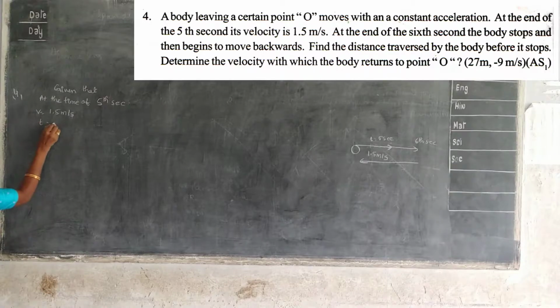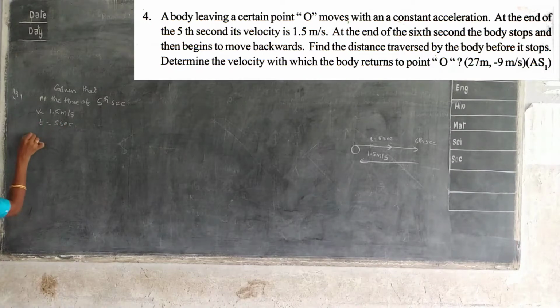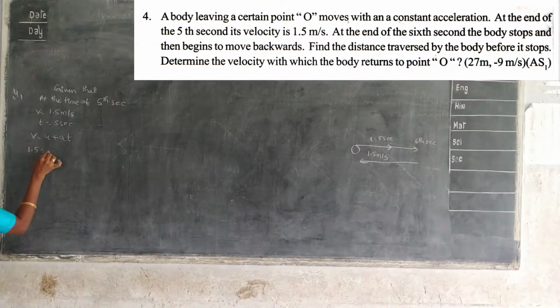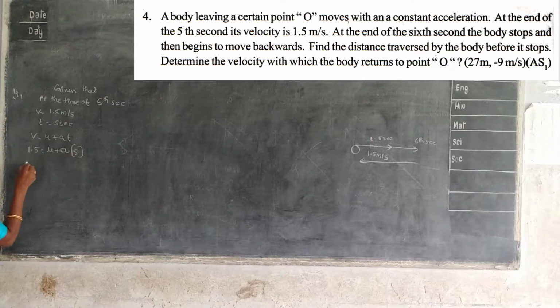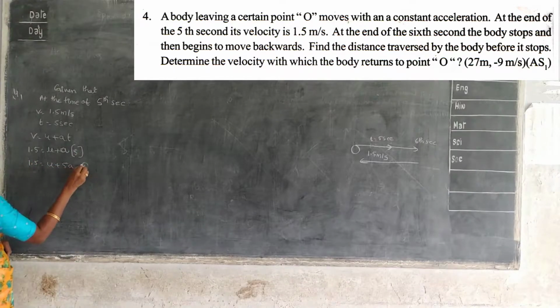Here time is 5 seconds. We know very well v is equal to u plus at. Here final velocity is 1.5, and we have the initial velocity u and acceleration a unknown. Time is 5 seconds. So 1.5 is equal to u plus 5a. This is equation number 1.